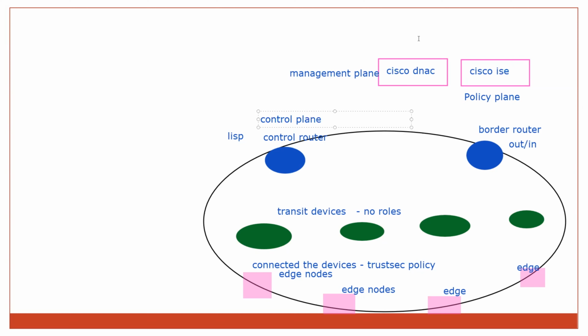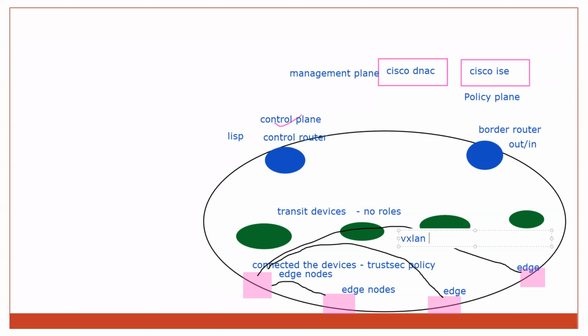Then you will see that across the edge devices, if it is an SDA fabric, these devices are forming some dynamic tunnels within the fabric. Those dynamic tunnels are termed VXLAN tunnels. In ACI terms, we say VXLAN tunnel endpoints, VTEPs.